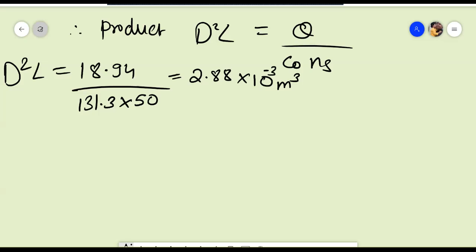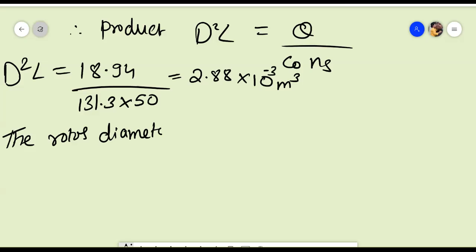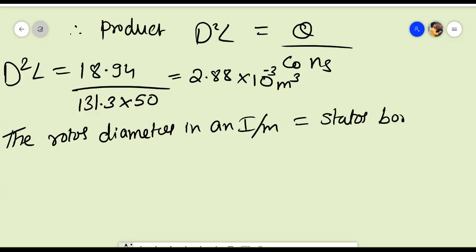And now this is the important point. The rotor diameter in an induction motor is always equal to the stator bore.